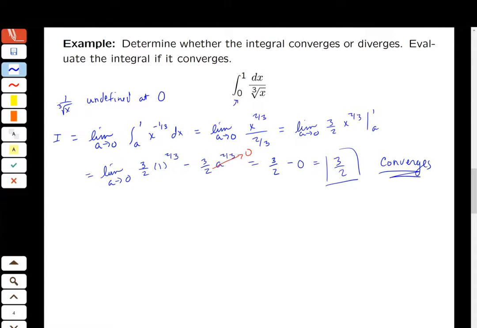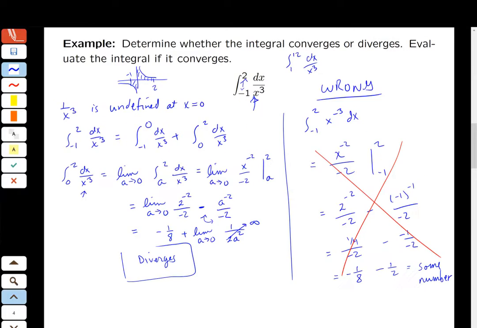One more, or that good? One to the negative what? Still one? Yep.